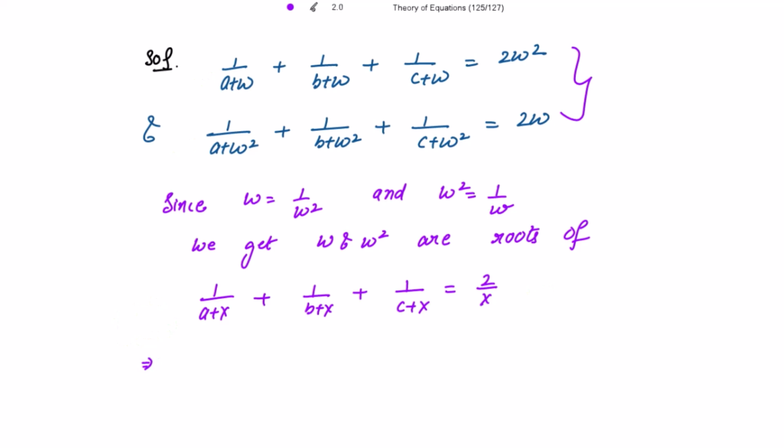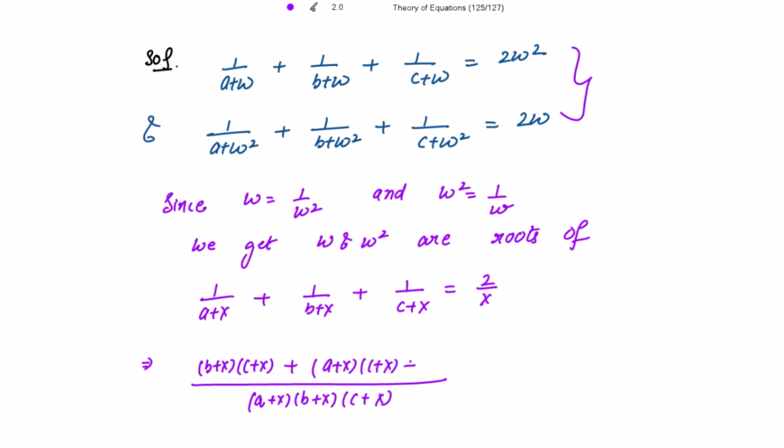Let's take the LCM for this. In the denominator we have a plus x into b plus x into c plus x, and in the numerator we get the product of b plus x and c plus x, plus the product of a plus x and c plus x, plus the product of a plus x and b plus x, equal to 2 divided by x. We need to simplify this further.